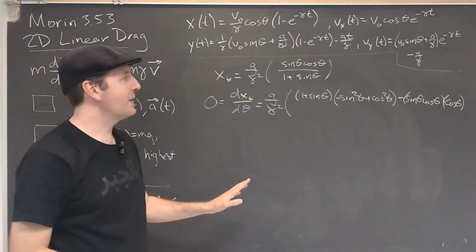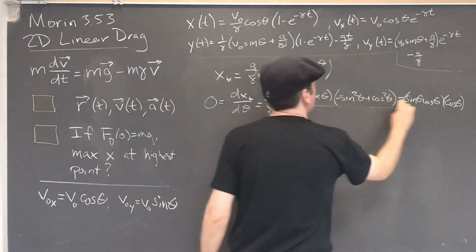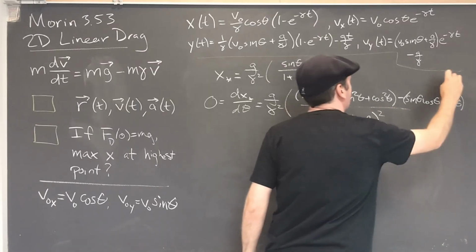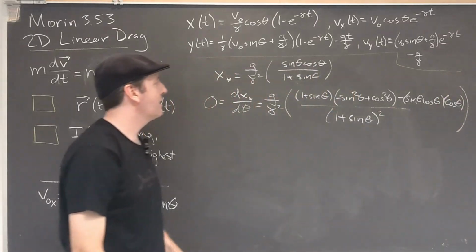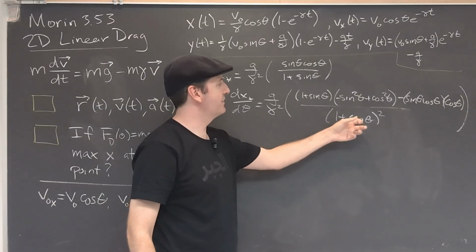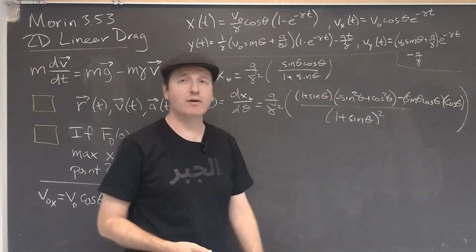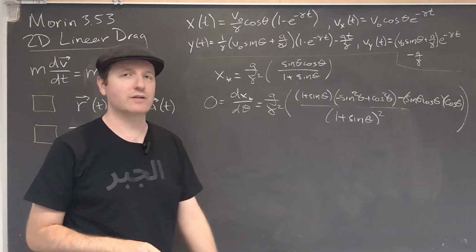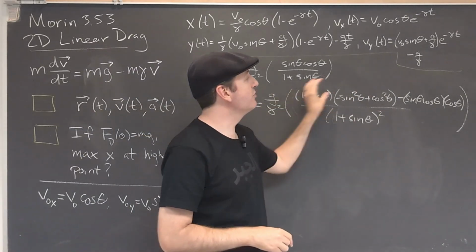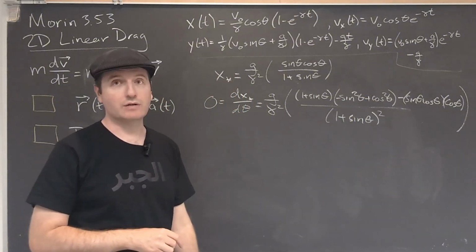Okay, almost went off the board there. All of this is divided by the denominator squared. But since we're setting this to 0, and I'm not so concerned with the case of theta being like negative pi over 2, or, I don't know, shooting down into the ground, we don't really worry about that. I want the numerator to be set to 0.